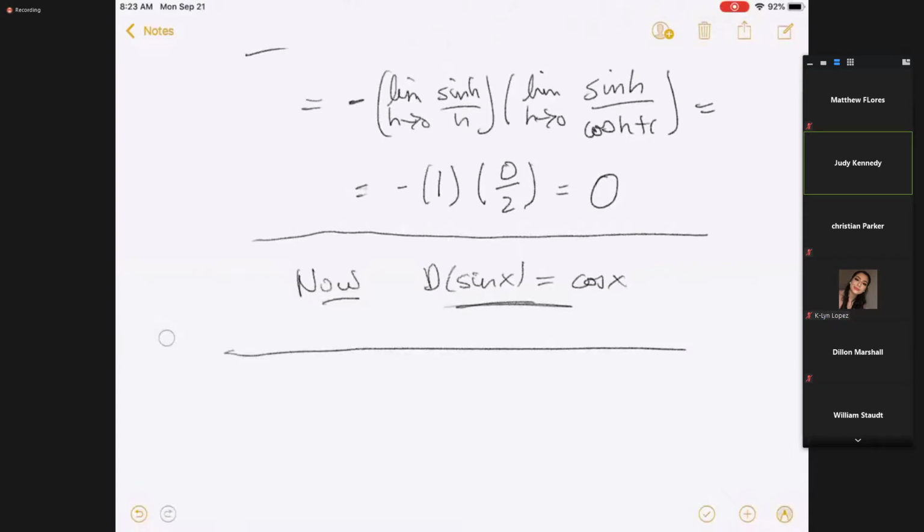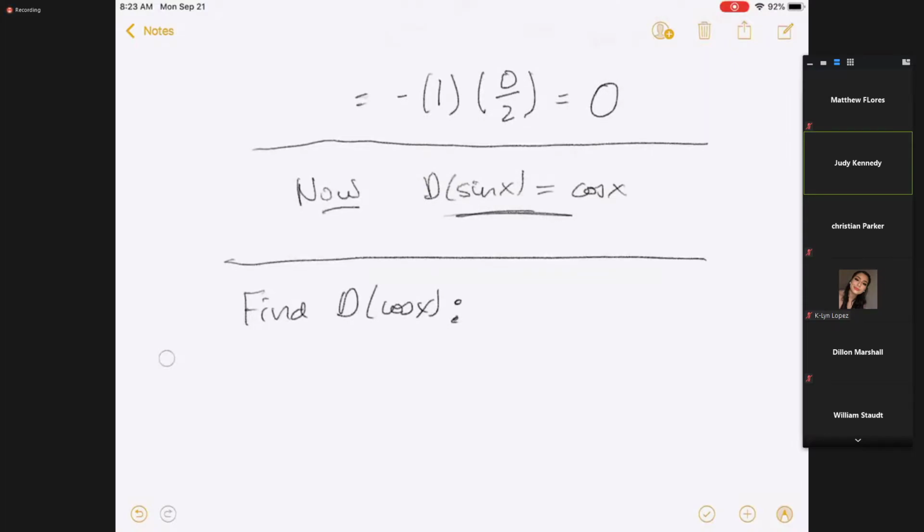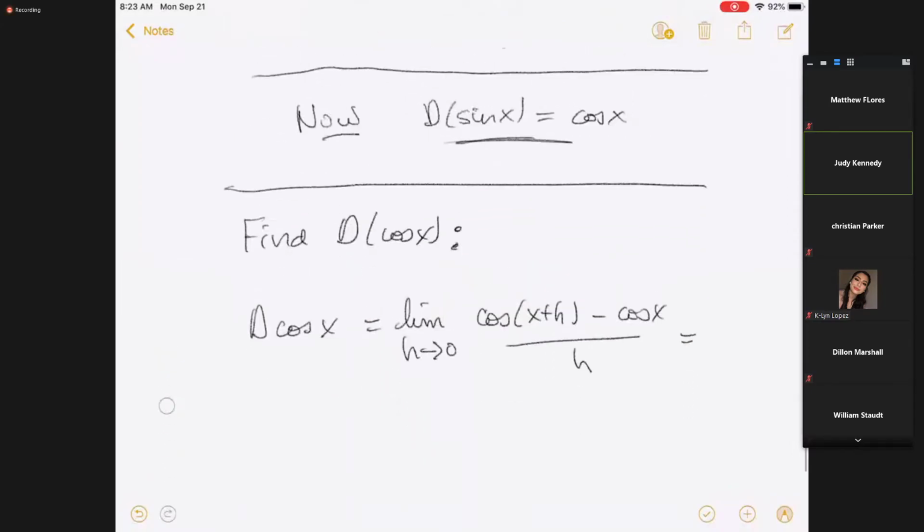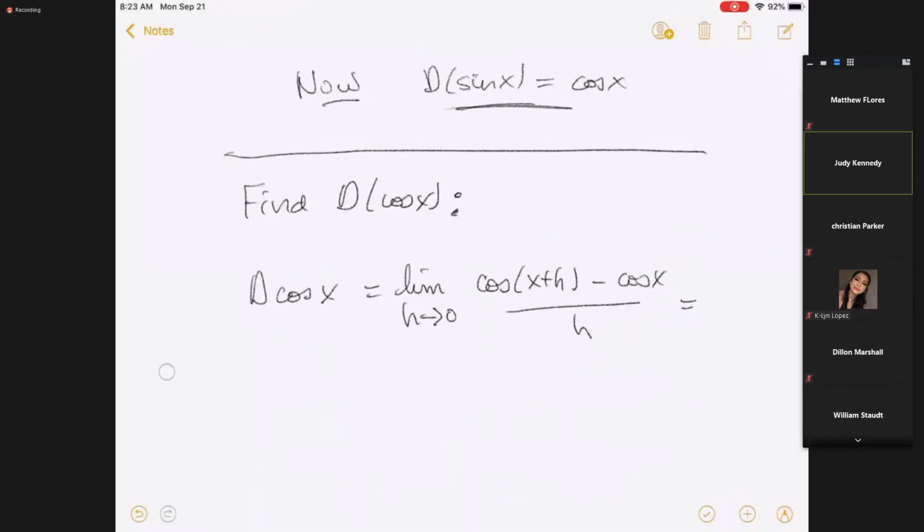Okay, so let's find the derivative of the cosine function. Using the definition, the derivative of the cosine is the limit as h goes to 0 of cosine of x plus h minus cosine of x, over h. And I need another identity here, the one about the cosine of the sum of two angles.